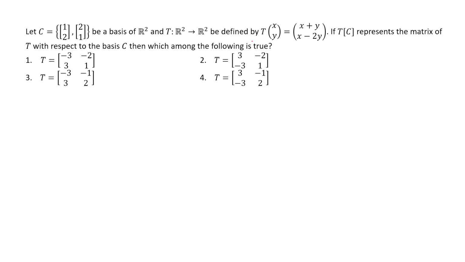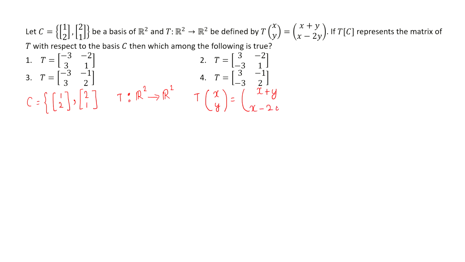So, we have to find the matrix representation of the transformation T with respect to the basis C. C is {(1,2), (2,1)}, and T is a transformation from R² to R², defined by T(x,y) = (x+y, x−2y).